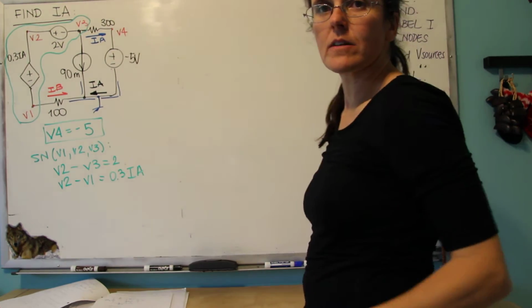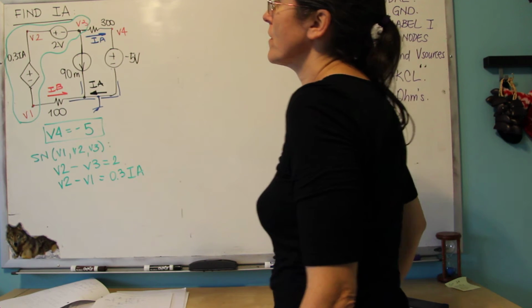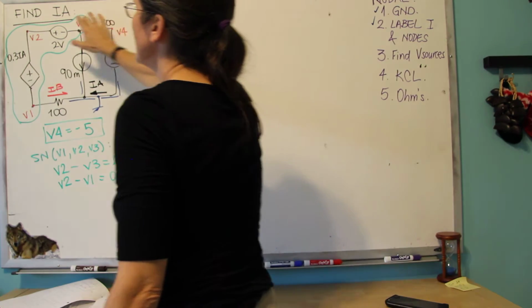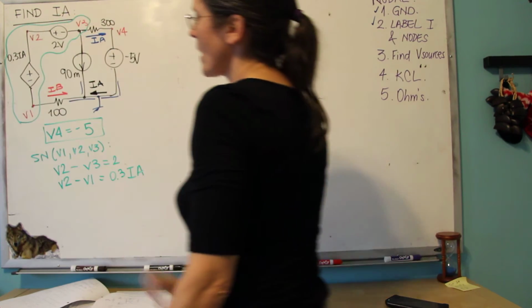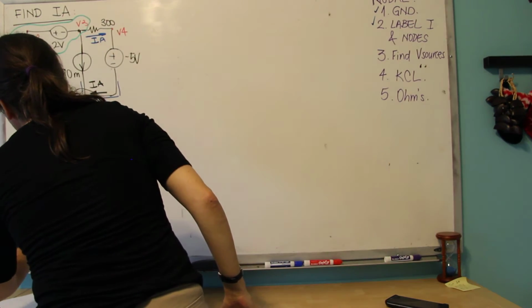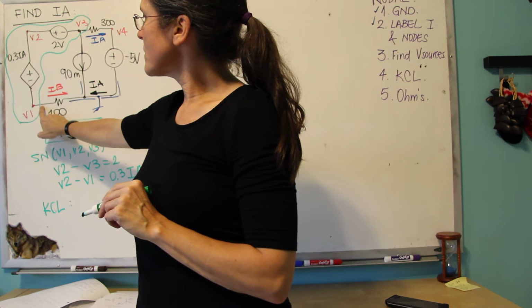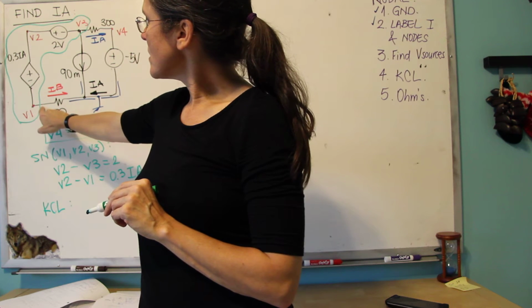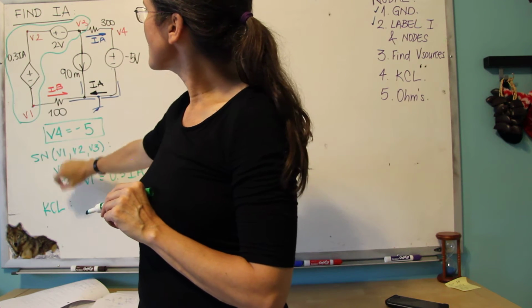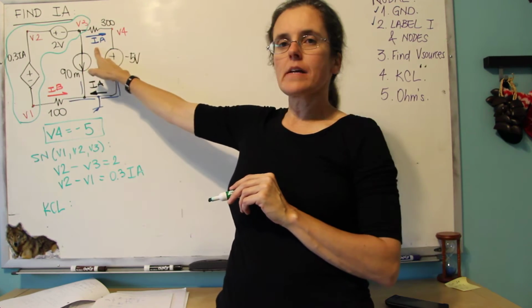The only KCL that I expect you to write for this whole circuit is the supernode KCL, because we already found V4. We already found how these nodes connect. So the only KCL is for the supernode. And from the supernode's perspective, I'm seeing here what's crossing the green. IB is coming out. 90 milliamps is coming out. And IA is coming out.